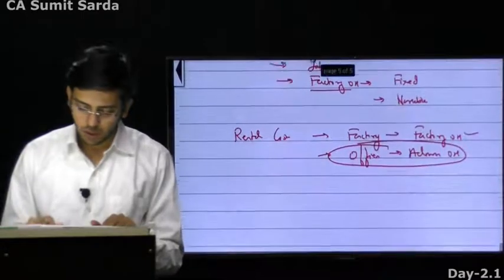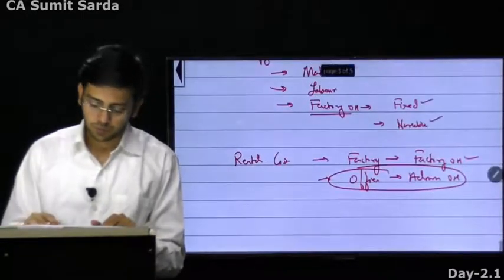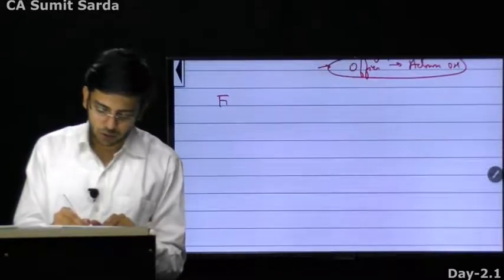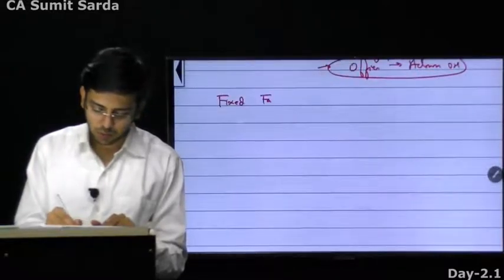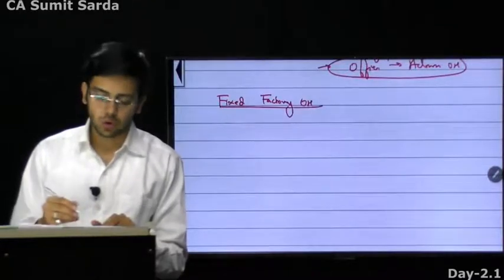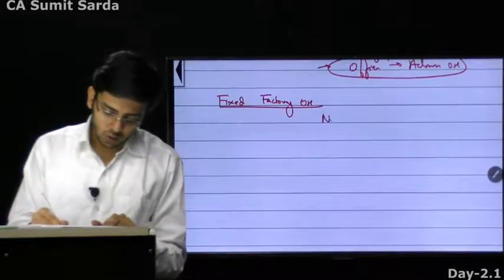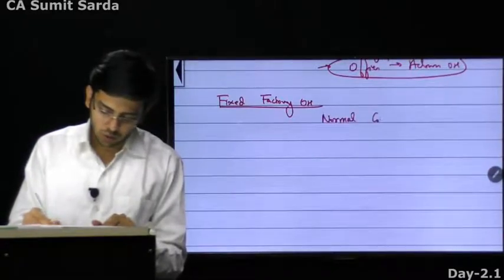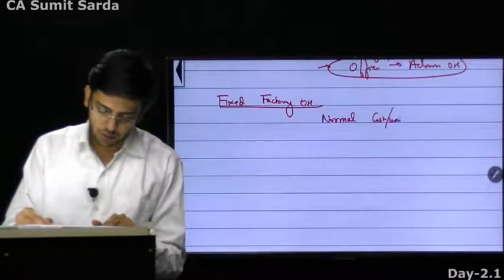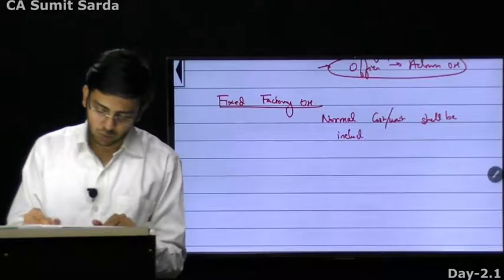Okay. So now we'll talk about fixed and variable overhead. First I'll talk about fixed factory overhead. What does AS2 have to say in case of fixed factory overheads? Normal cost per unit shall be included.